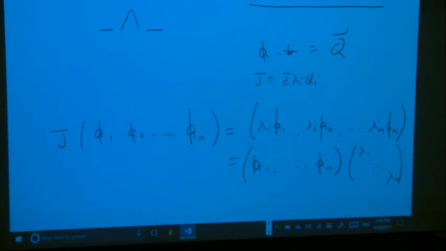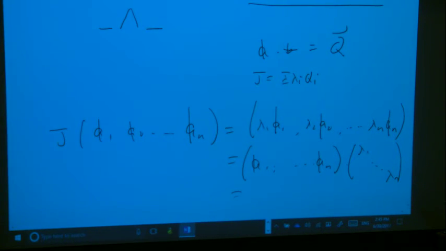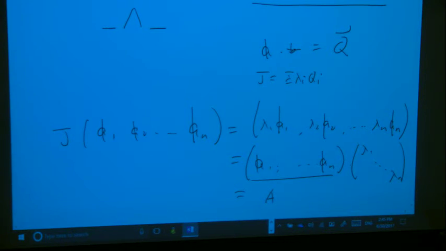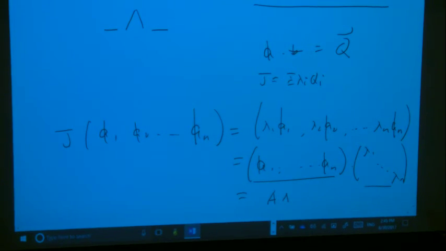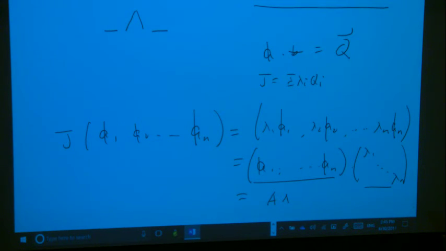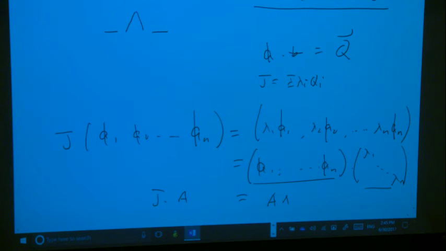So you can call this an A matrix. A is a lot of column eigenvectors. And you can call this a diagonal matrix which contains all the eigenvalues. Of course, this G times A is A times lambda.